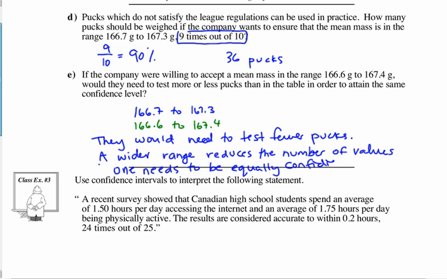The wider the range, the fewer pucks you need to test. If it was a really small range, we're going to have to test more pucks to make sure that they land within that range.